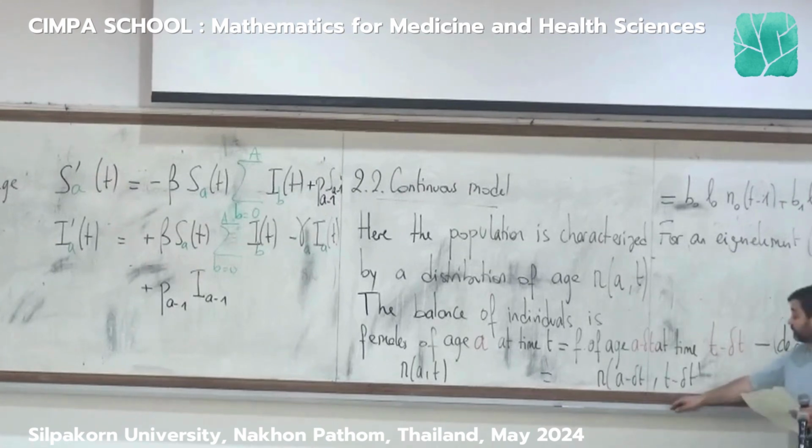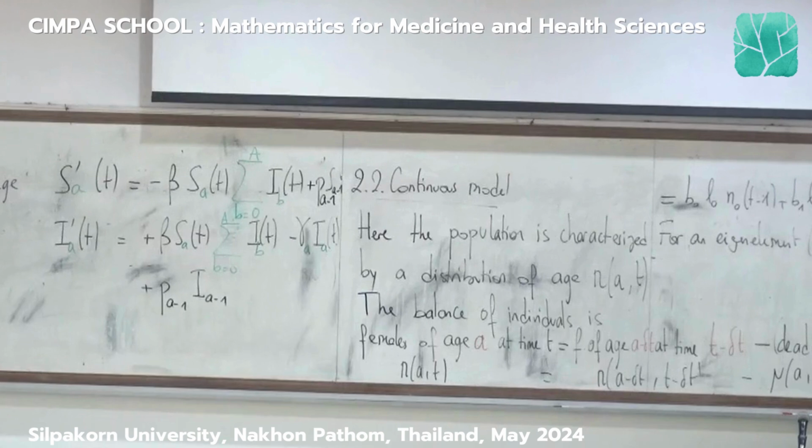Here I have to describe it per unit of time. The number of people who die during this time frame, during the delta t, is the death rate multiplied by the population.